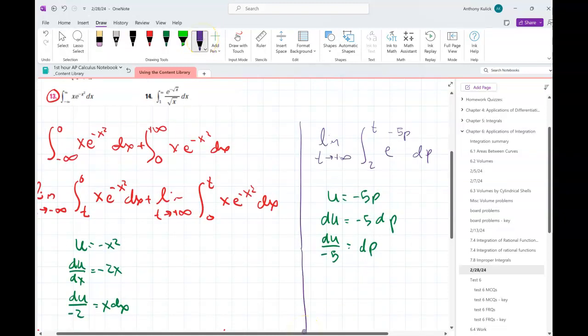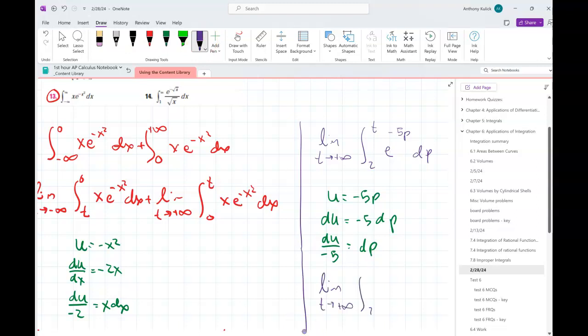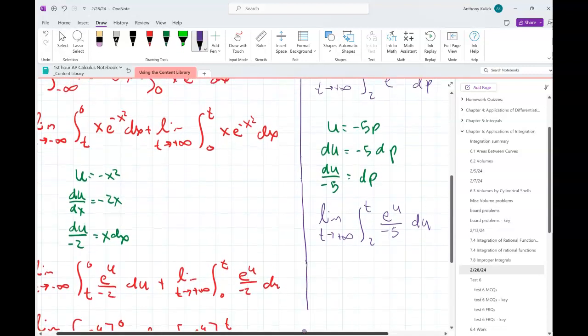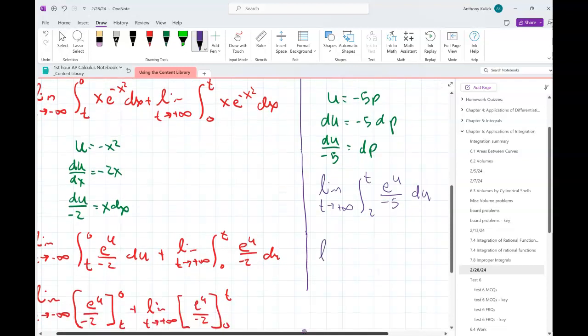So when I do my substitution, so far, so good. Okay, we'll do our antiderivative, which is real easy because it's just e to the x.